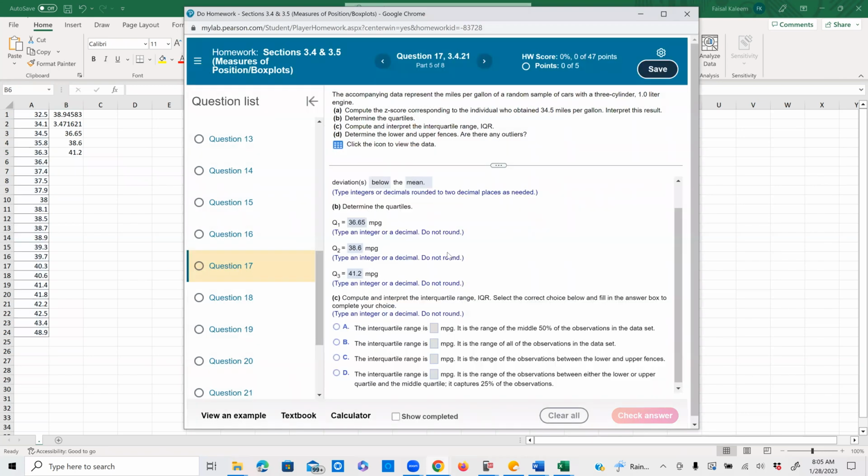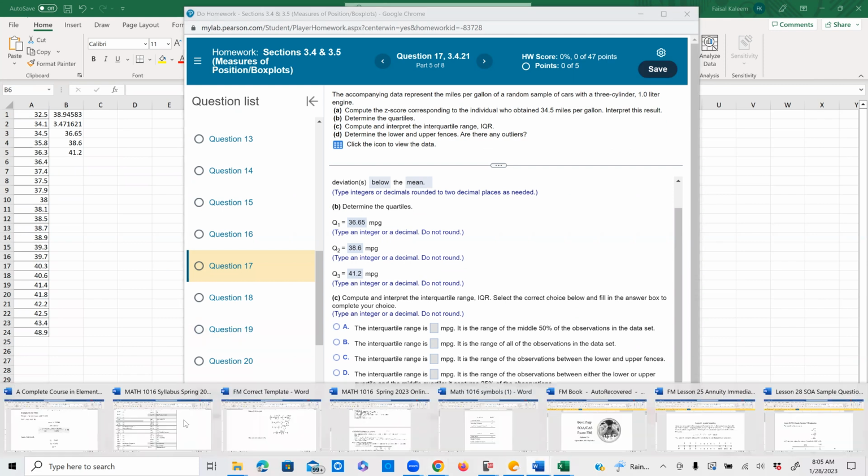And then we find the interquartile range. As we said, interquartile range is Q3 minus Q1. So Q3 is 41.2. Let's record it.